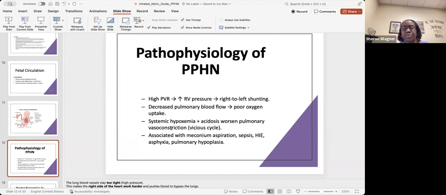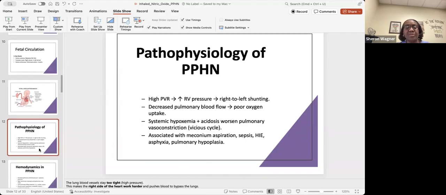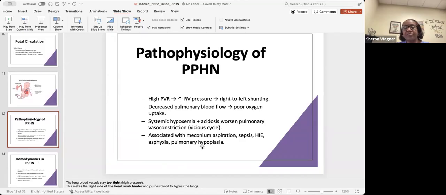So there is persistent, again, fetal circulation. And there will be systemic hypoxemia, there will be acidosis, and just a vicious cycle of worsening pulmonary vasoconstriction. And it just goes around and around until you stop that cycle and do whatever needs to be done to get this baby out of the fetal circulation.